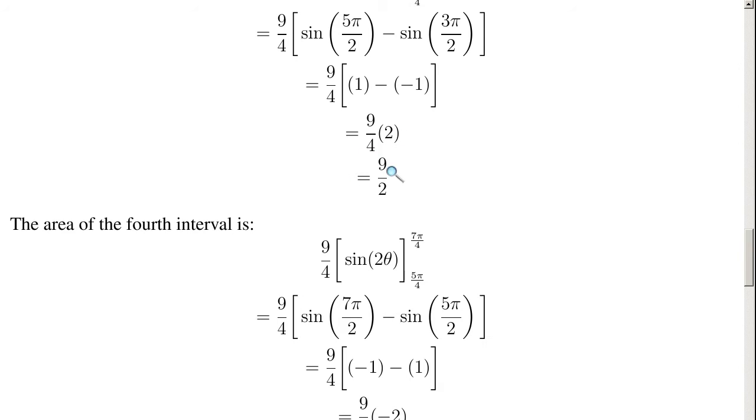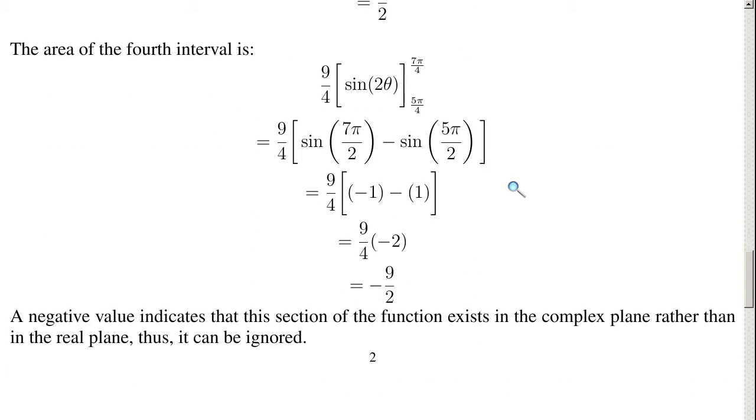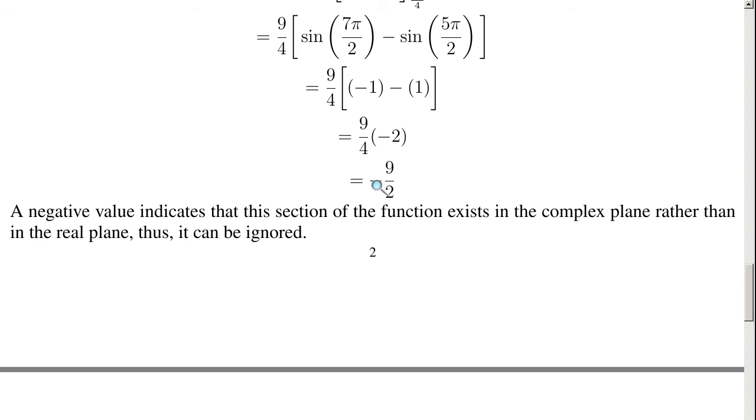So this is another section that is going to come into play. The area of the fourth interval. Upper limit, 7 pi over 4. Lower limit, 5 pi over 4. This all shakes out to negative 9 over 2. Once again, because it's negative, we can ignore it completely.